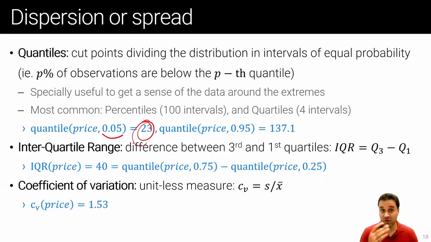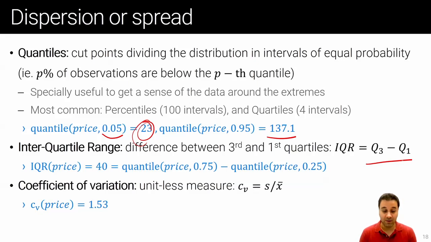Or we could be interested in the opposite. So finding the price, in this case 137 euros, such that 95% of the observations, in this case the listings, are lower than that. So only 5% of the listings have a price larger than 137 euros. There's something called the interquartile range, which is just quartile 3 minus quartile 1.